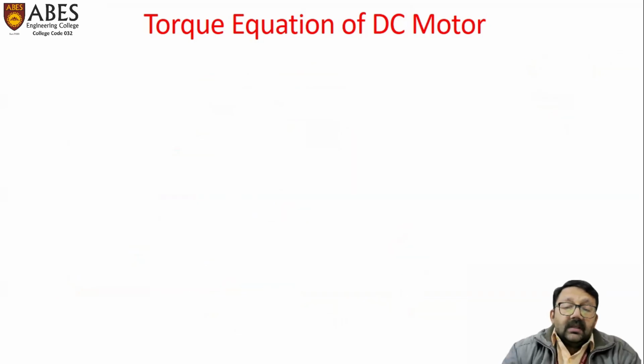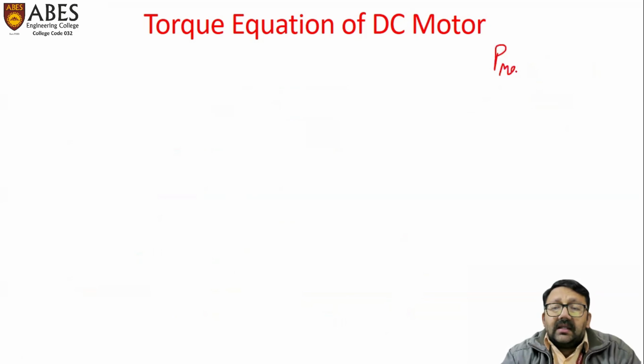Now, as we all know, the mechanical power developed in a motor armature is given by EB into IA, where EB is the back EMF and IA is the armature current.